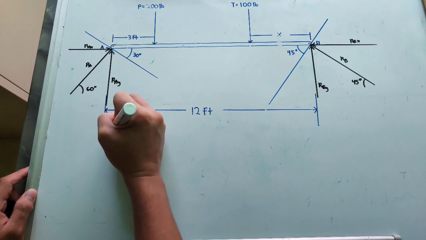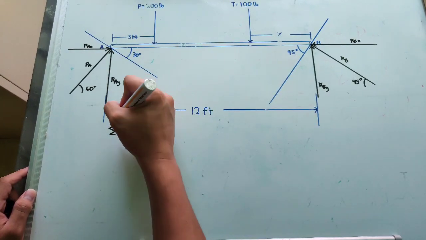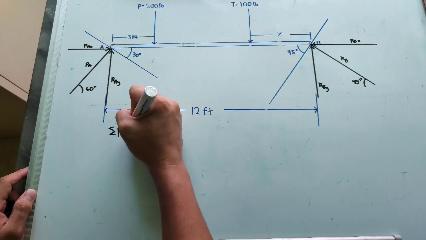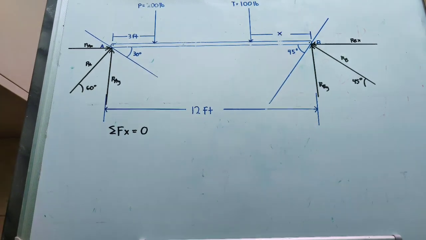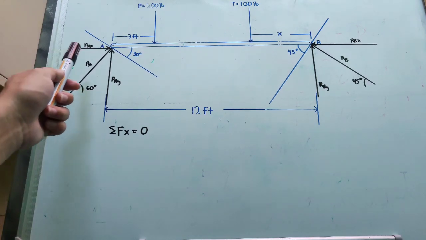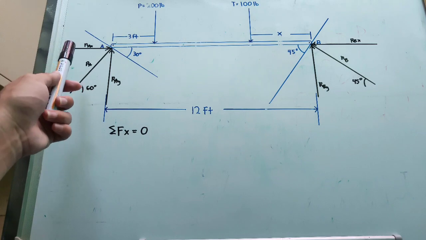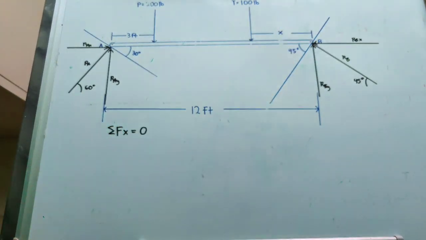Summation of forces x is equal to 0. Now the only x components here are RAX and RBX.